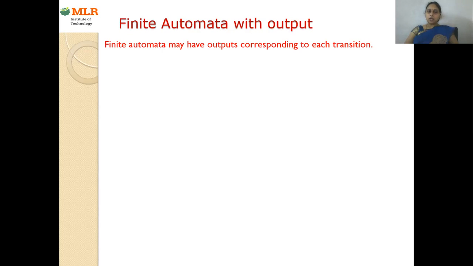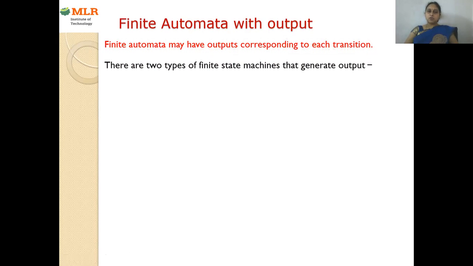Now we are going to discuss finite automata with output. Finite automata that may have outputs corresponding to each transition are nothing but finite automata with output.